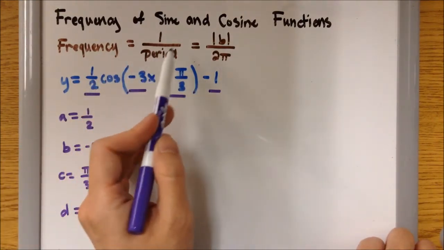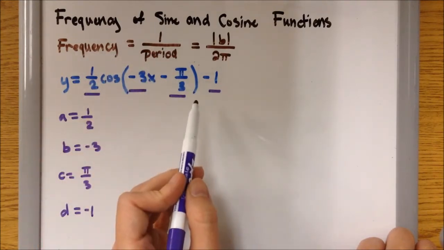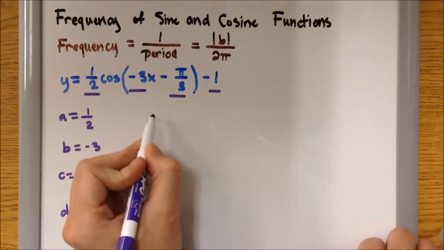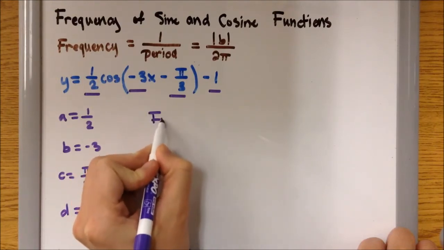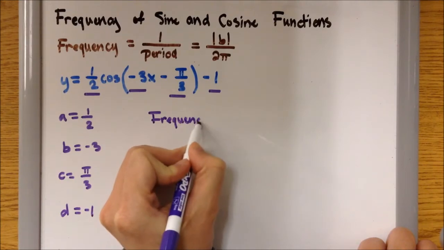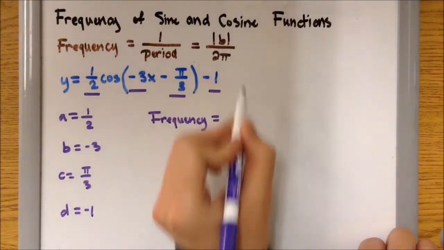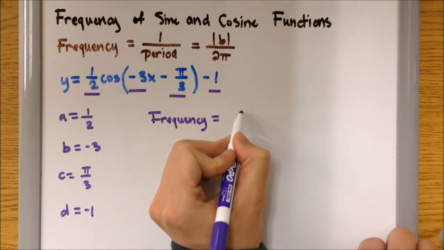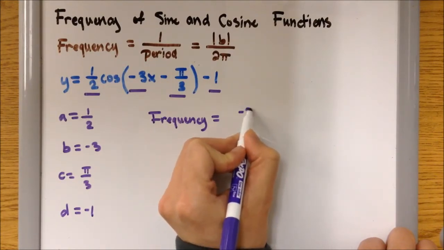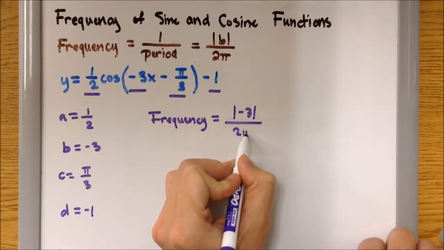So say I didn't ask you to find period, but you were given this and you're trying to find frequency, so frequency would be this right here. So you're going to do the absolute value of -3 over 2 pi.